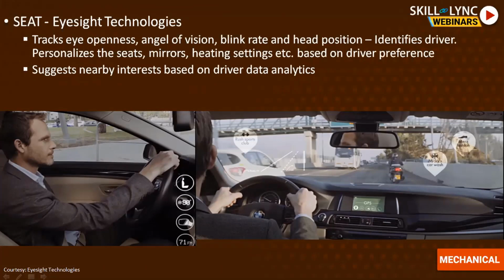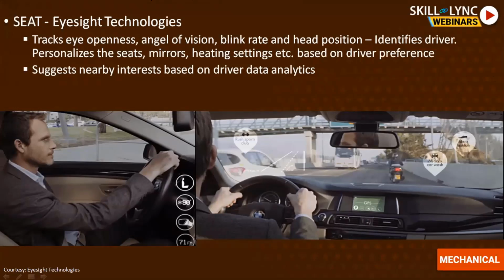It's quite interesting because as and when the driver takes over, this technology can personalize the settings and comfort the driver. They are also focused on reading new data like angle of vision and blink rates, and some of these techniques are proven to be more accurate than what we have in other OEM product lines today. So in essence, this can detect the driver and personalize features within the vehicle.